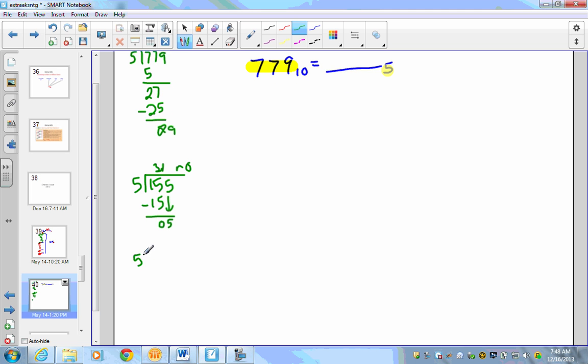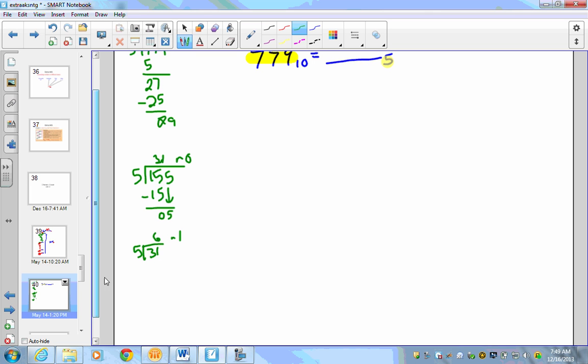So 5 into 31, that's going to be 6, remainder 1. And then we're going to keep going. 5 into 6, 1, remainder 1. And then 5 goes into 1, 0 times, remainder 1.